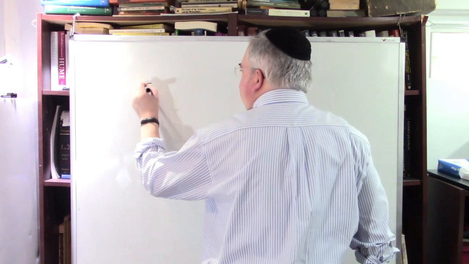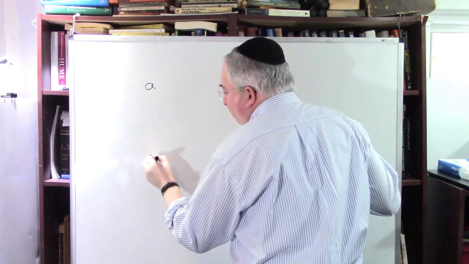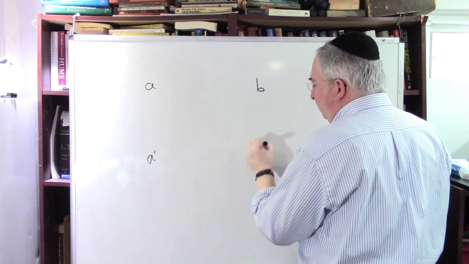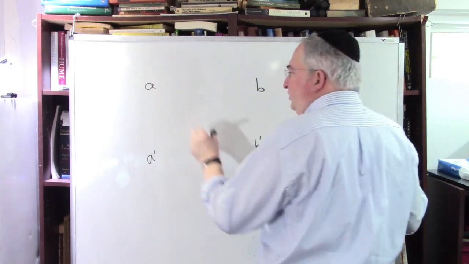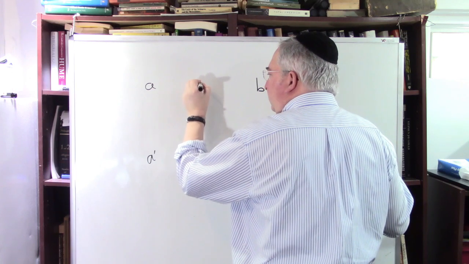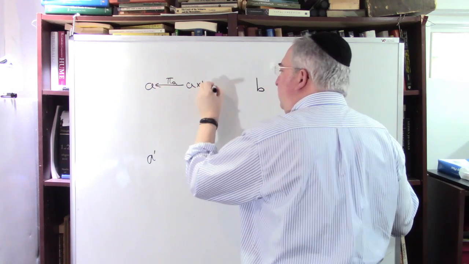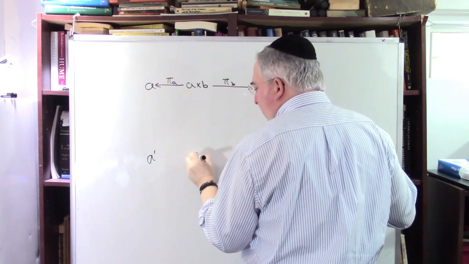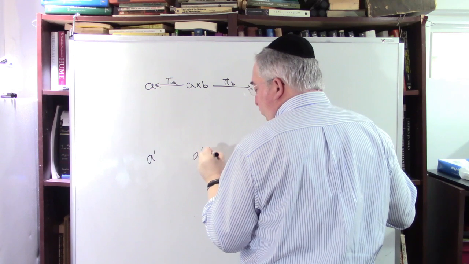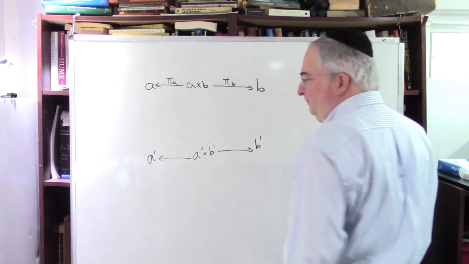Ready? Let's say you have an object A, and you have an object B, and you have an object A prime, and you have an object B prime. And let's say products exist for these two things. I'm going to write the products flat with it, A cross B, and we have projections, pi A and pi B. And we have A prime cross B prime, and it has a projection here and a projection here.